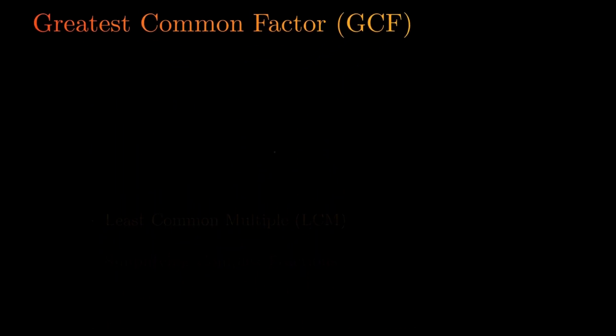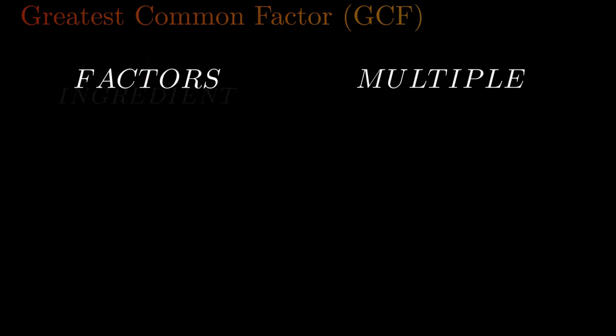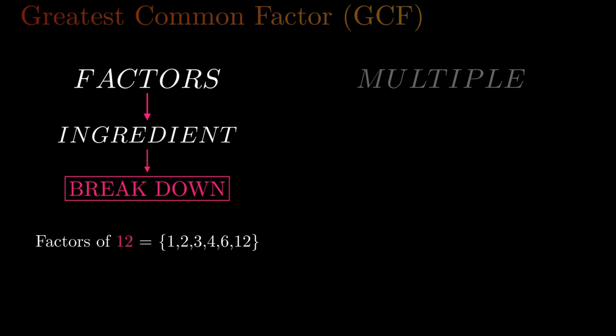Let's get started. Before we hit the main topics, we have to stop mixing up two crucial words: factors and multiples. Think of factors as the ingredients. They break numbers down. Factors are the smaller whole numbers that multiply together to make a bigger number. For example, the factors of 12 are 1, 2, 3, 4, 6, and 12.